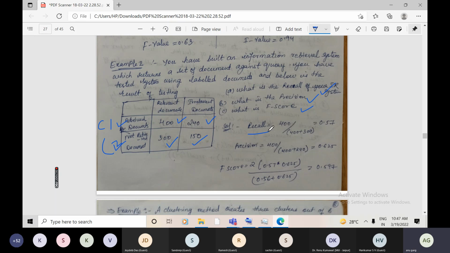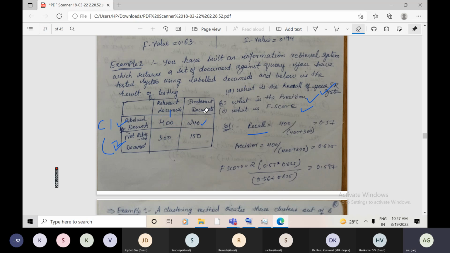Now you need to calculate your recall. Recall means, based on the retrieved documents, you find how many of them are relevant. That will be the recall of your IR system, right? Recall or precision, whatever it may be. There is no point in considering irrelevant documents, even though they come under retrieved. How your IR system is behaving, good or bad, depends on the retrieved documents which are relevant.